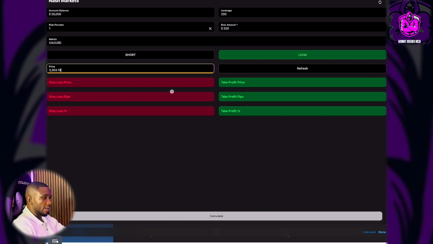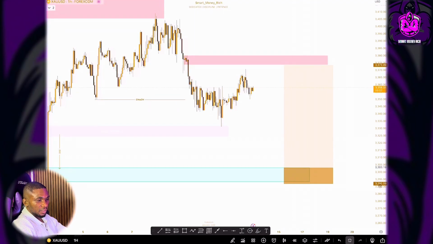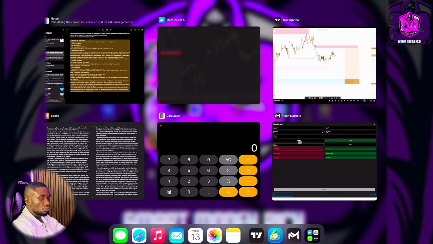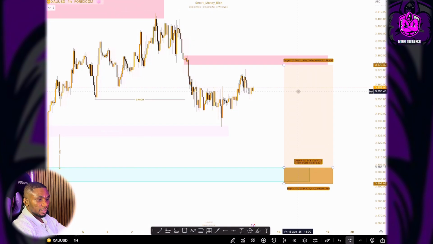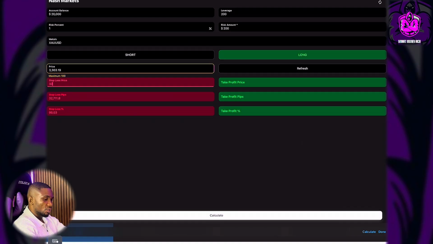Then my stop loss is 3292.09. We are risking 110 pips on this one.